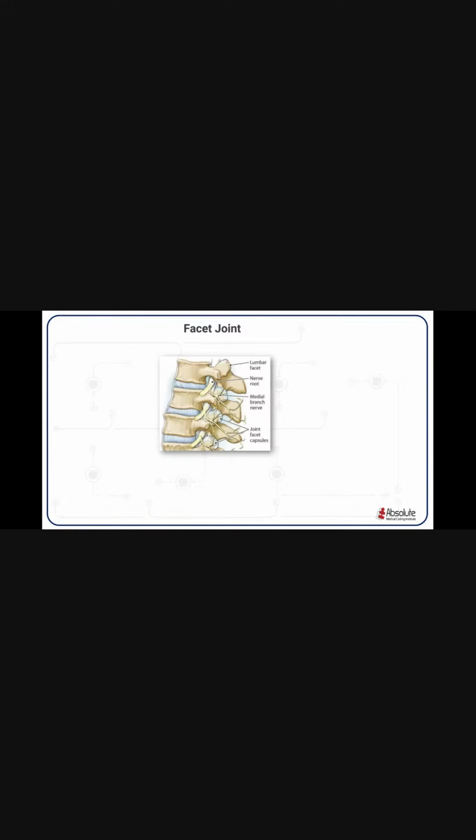Now, before we move on to the next set of codes, I want to give you a brief introduction on the facet joint, because next we are going to talk about facet joint injection. If you look closer at this image, you can see that the facet joints are small joints located between the vertebrae of the spine, and you have a facet joint on both sides of the spine, on your right side as well as the left side.